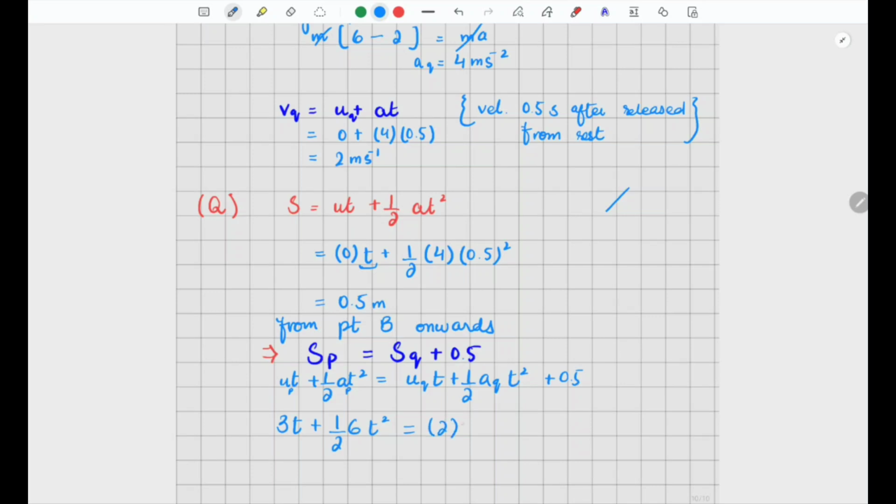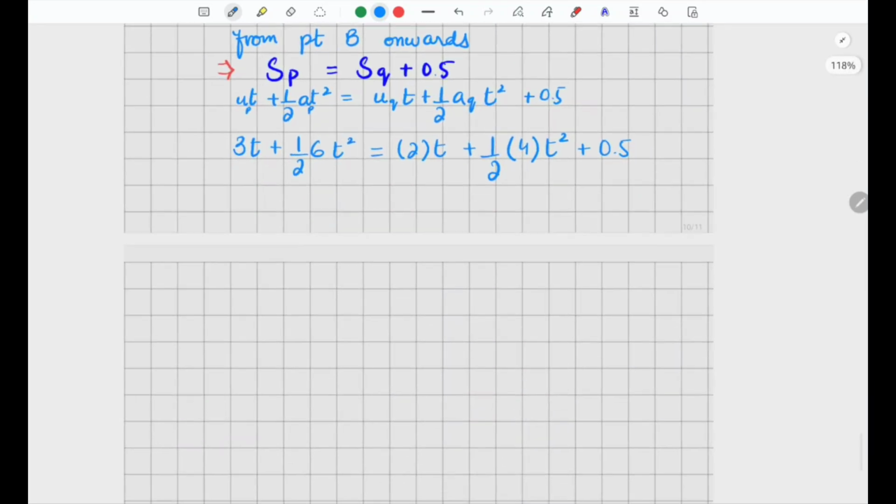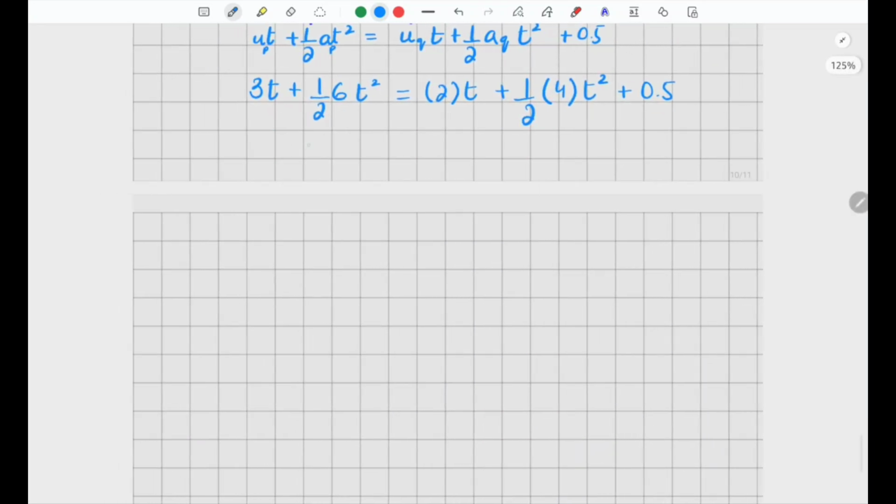It was 2. So 2t plus half times 4 times t square plus 0.5. Now 3t plus 3t square equals 2t plus 2t square plus 0.5.